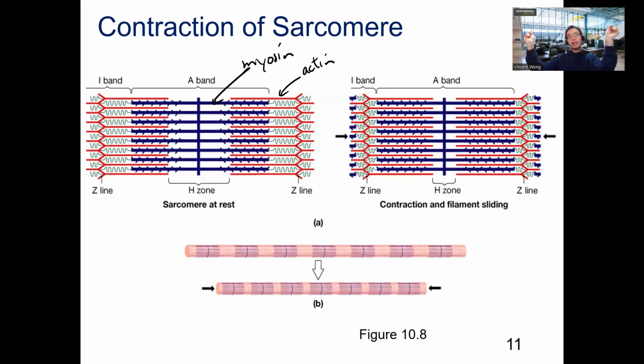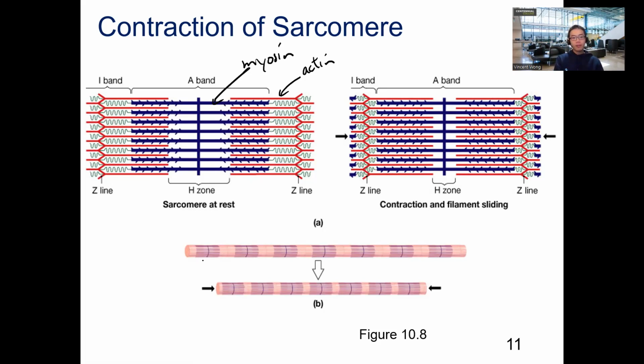It will grab onto the actin and pull this way, then let go and grab and pull, let go and grab and pull. Eventually, you will see the overlap between the actin and the myosin increases. That creates the contraction. The overlapping of the myosin and the actin is what's creating the contraction.